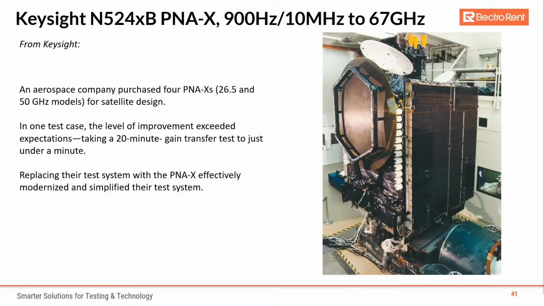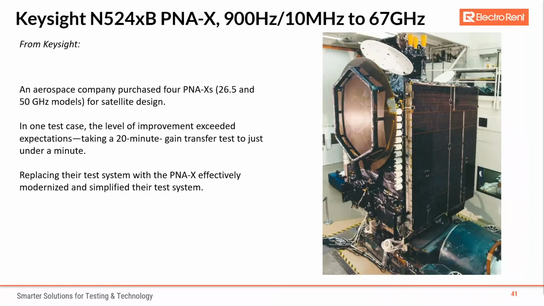An example of the PNAX here is from an aerospace company that purchased 4 PNAXs for satellite design. In this test case, they improved their expectations from taking a simple gain transfer test that would typically take them 20 minutes to just doing it in less than a minute. So replacing their test system with a PNAX effectively modernized and simplified their test system.